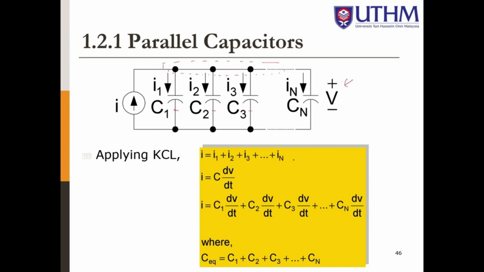So applying KCL, we get this equation: I total equals I1 plus I2 plus I3 plus and so on. This is the basic equation that we learned last week, where I equals C dV/dt. So if you put in the individual current equations, your current I1 is C1 dV/dt, where C1 is capacitor 1, and then I2 is C2 times dV/dt.